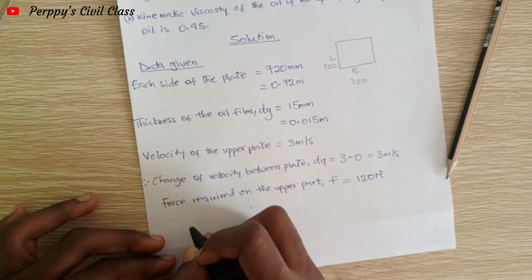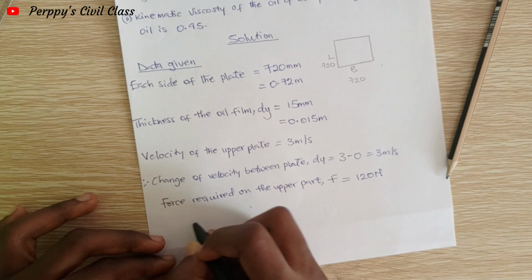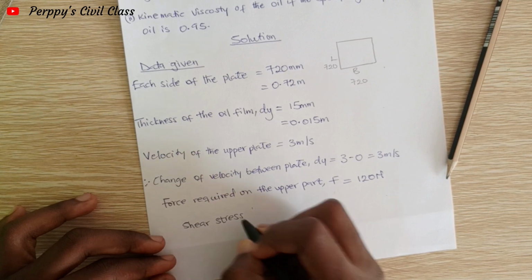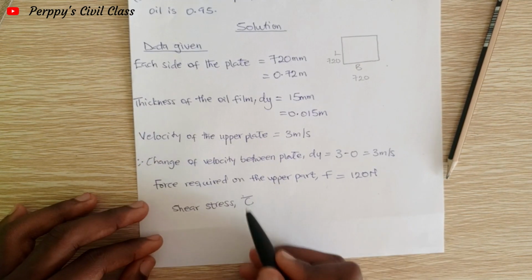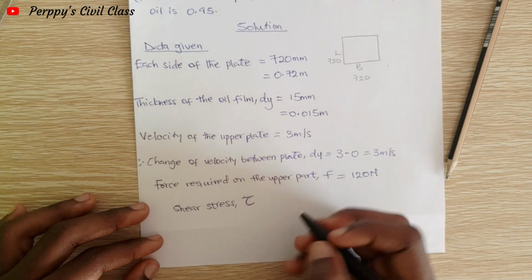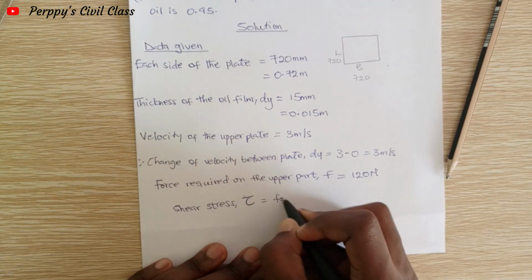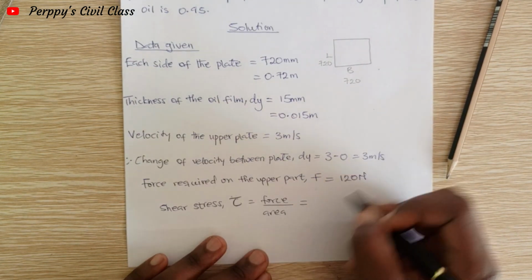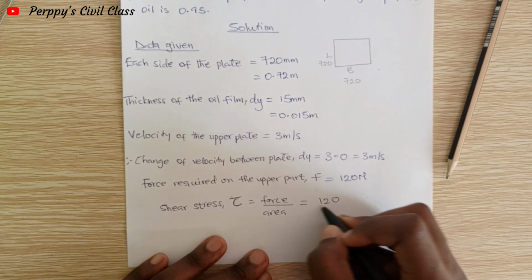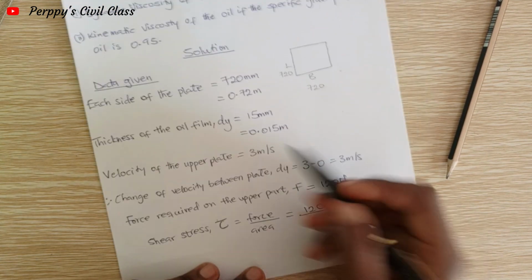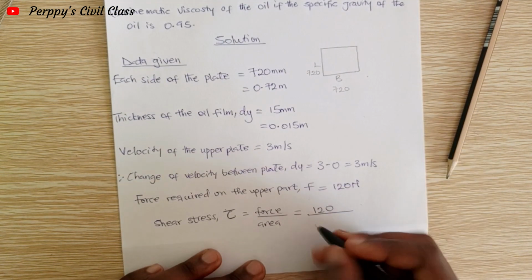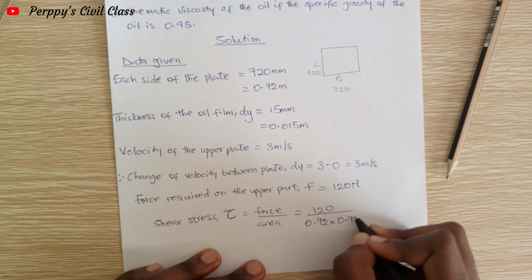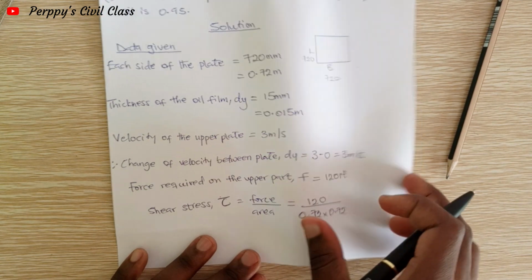So now we calculate the shear stress, which is given as tau. Tau is equal to force over area. The force is 120 Newton divided by the area, length times breadth, 0.72 times 0.72.